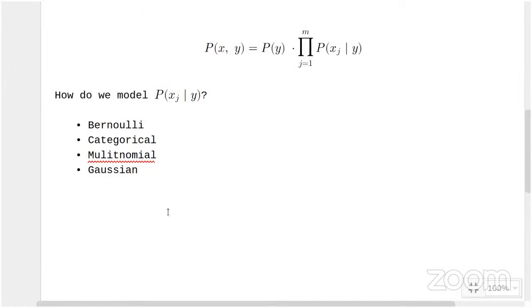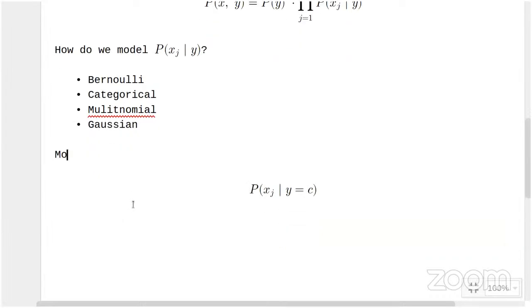Okay, so p of xj given y equal to c, right? So we are now coming up with the model for feature j and class c.